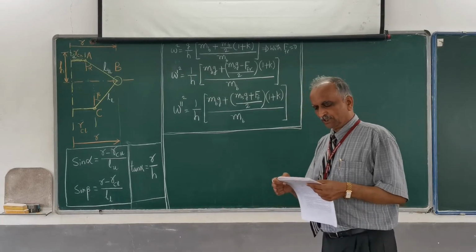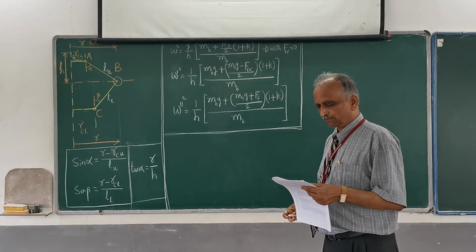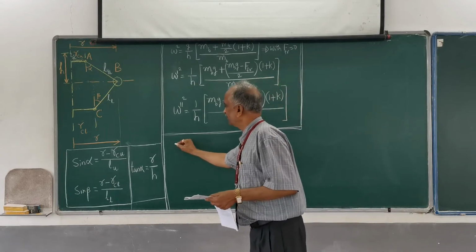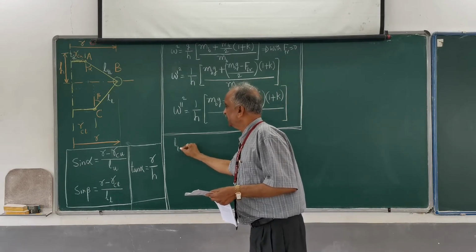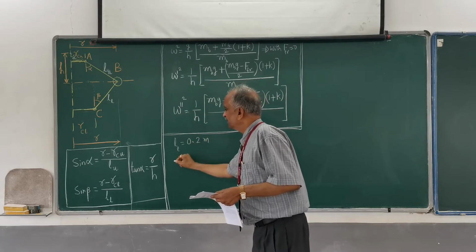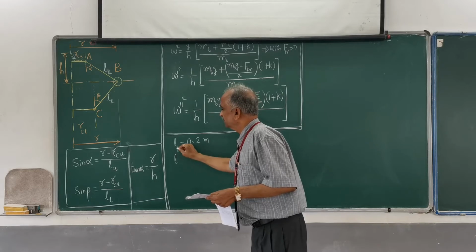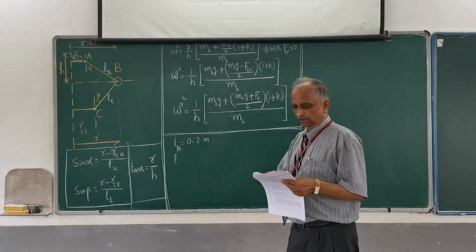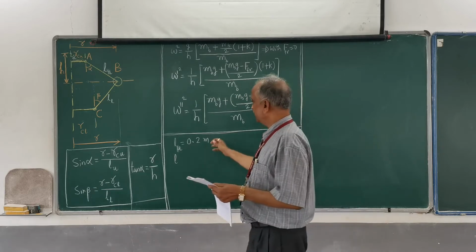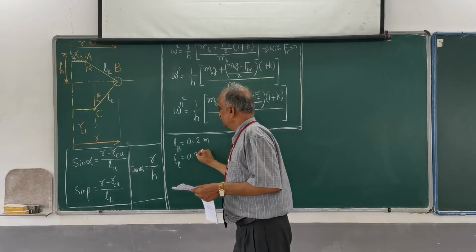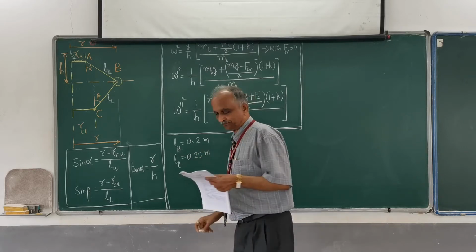So in an engine governor, the prototype upper and lower arms are 200 mm and 250 mm. So here I shall straight away write it in meters. The length of the upper arm is 0.2 meters and the lower arm is 0.25 meters.